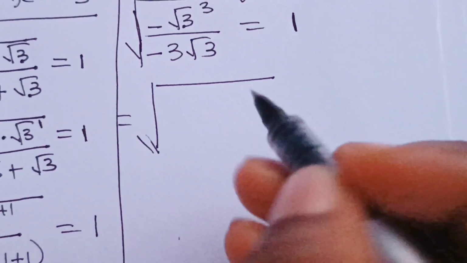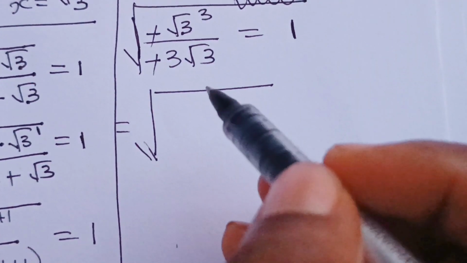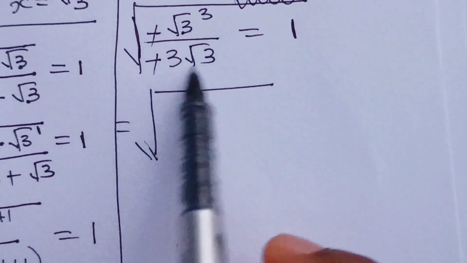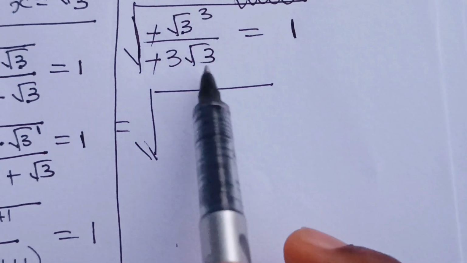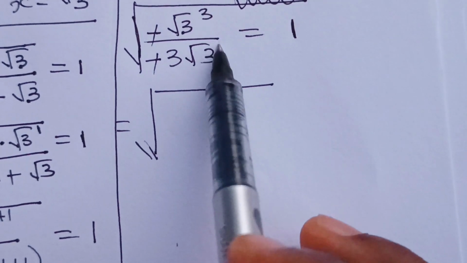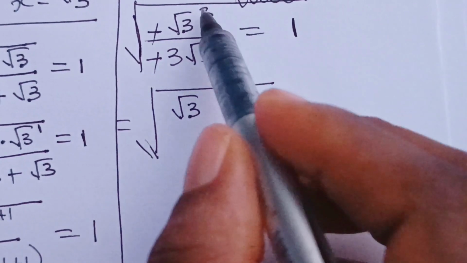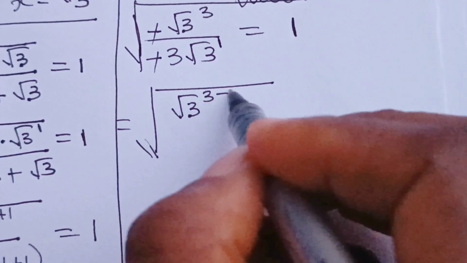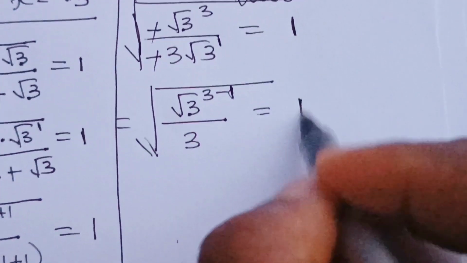So this is equal to the square root of, now minus minus will cancel out, and when that happens, we are going to apply the law of indices, or exponents. So root 3 to the power of 3 and root 3 to the power of 1, when they divide, we are going to pick one base, which is root 3, and we are going to subtract their powers. This is root 3 to the power of 3 minus 1, divided by this 3, is equal to 1.